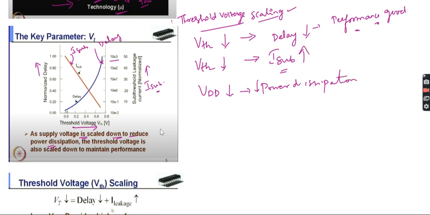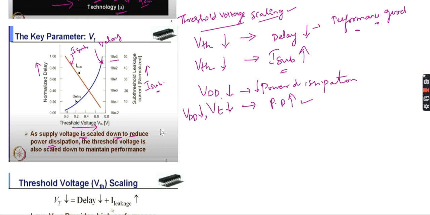To reduce the power dissipation, the VTH also has to be considered. As VDD is reduced, the threshold voltage also will be reduced. But if you are reducing the VDD and then reducing the VT, then automatically the power dissipation will go high. Keep it in mind: when VDD is reduced and the threshold is reduced, the power dissipation will be more. That's very simple.